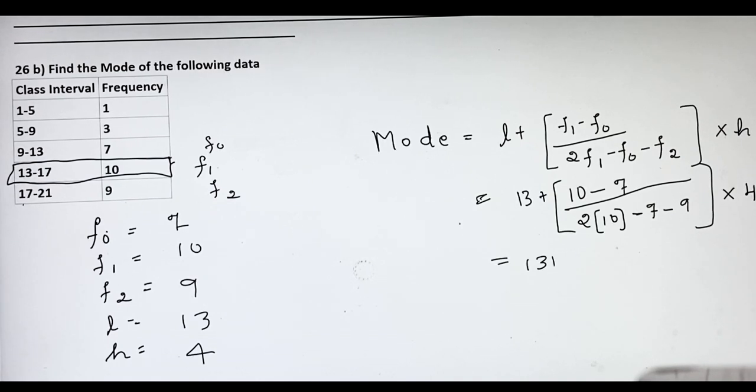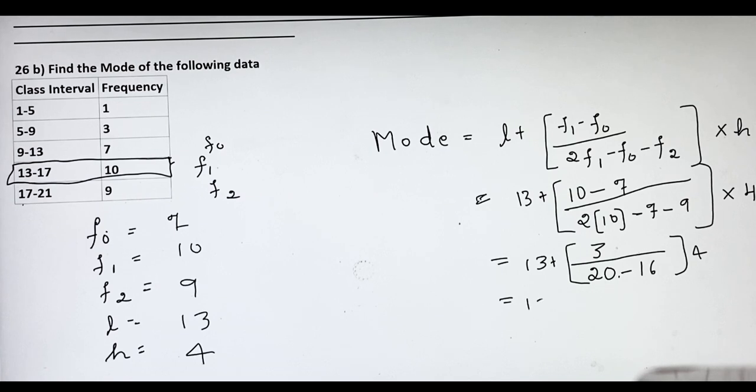Write 13 as it is and simplify inside the bracket. 10 minus 7 is 3. 2 tens are 20, minus 7 and minus 9 is minus 16, multiplied by 4.